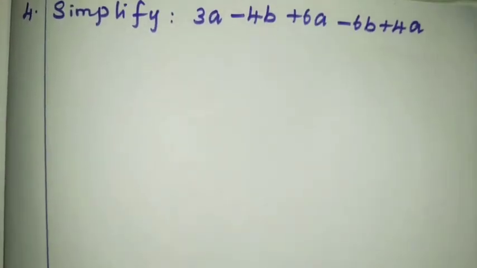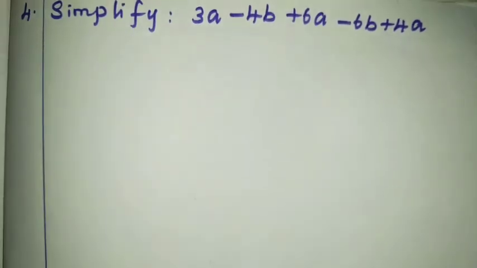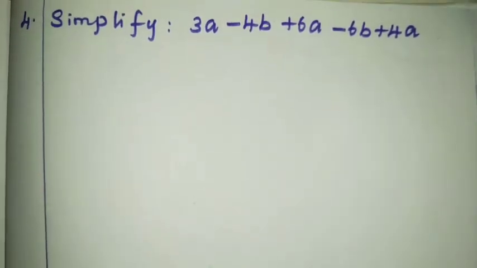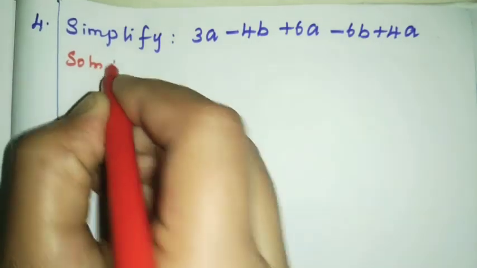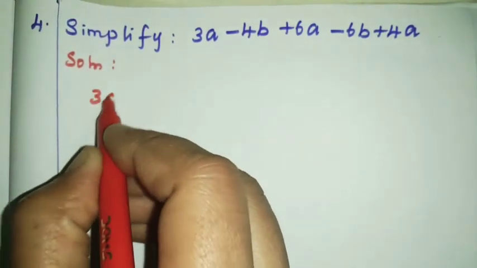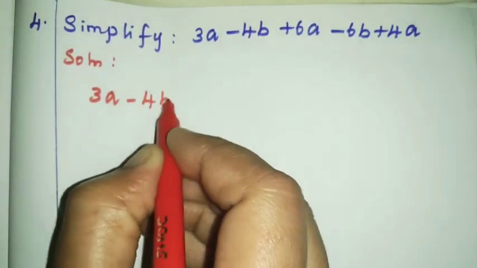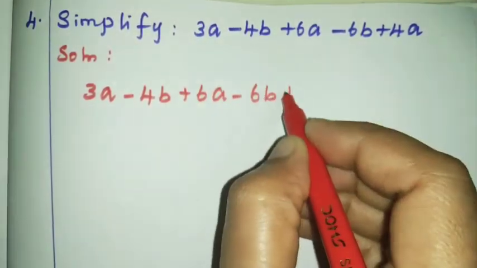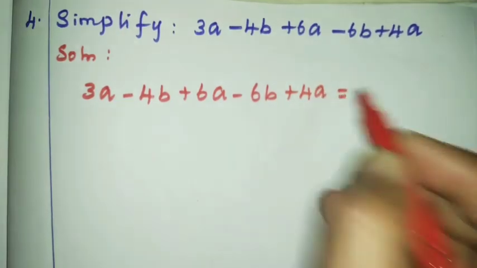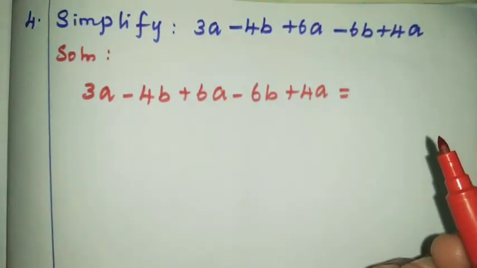Next question is simplify 3a minus 4b plus 6a minus 6b plus 4a. That means you have to group the like terms, then you have to simplify. That is solution. First of all, write the question, that is 3a minus 4b plus 6a minus 6b plus 4a, which is equal to, here what are the like terms?